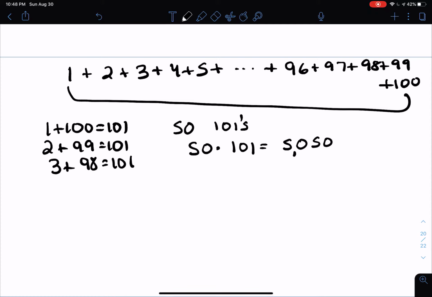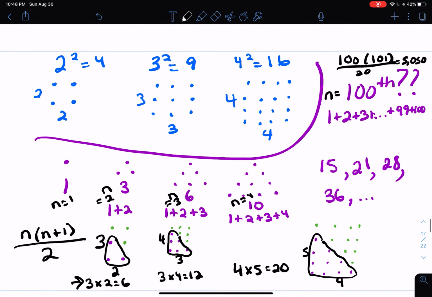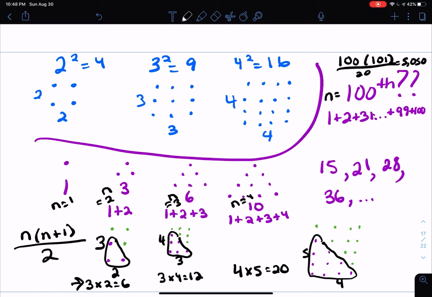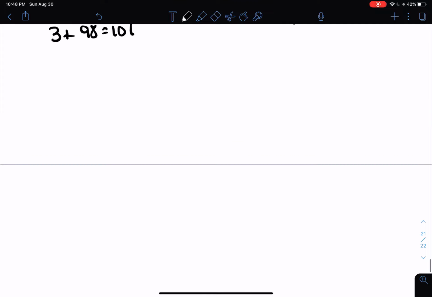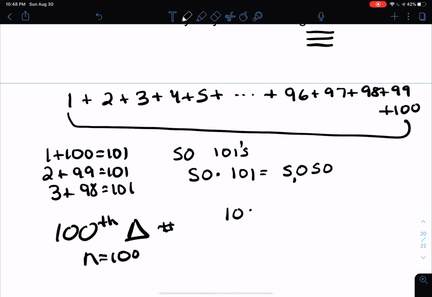Does that look familiar? It should. Remember earlier I asked you about the 100th triangular number? Up there in the right corner? That's basically what we just did. Gauss's problem, 100th triangular number. N is 100. Got 100 times 101 divided by 2.